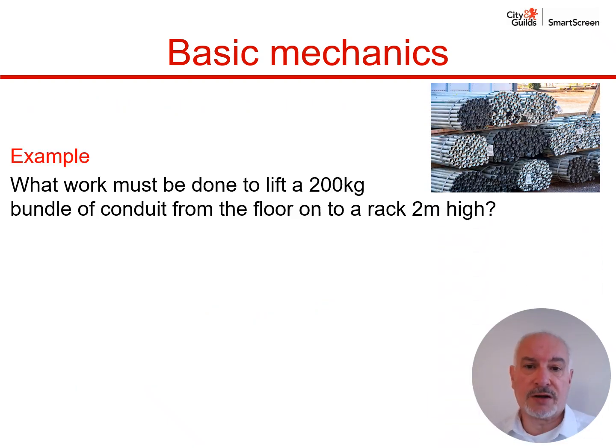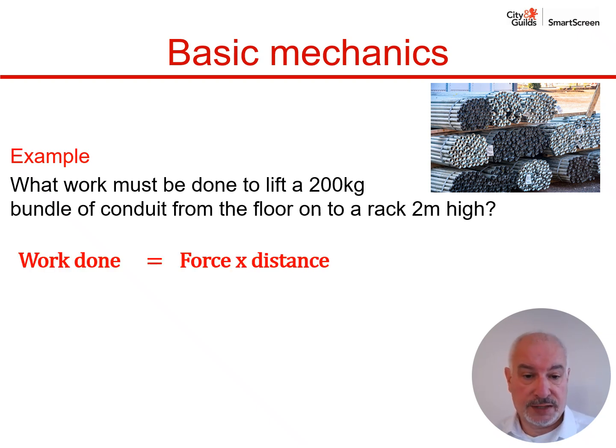So let's look at this example, see what we're saying here. What work must be done to lift a 200 kilogram bundle of conduit from the floor onto a rack 2 meters high? So the work done is force times distance, or we could say work done is mass times acceleration times distance.